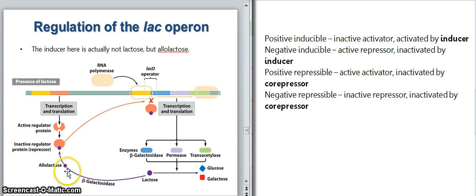So there's some production of permease and some production of beta-galactosidase, such that when lactose does become available, permease can bring it into the cell, and beta-galactosidase can start making some allolactose. And once allolactose is present, it helps to induce expression of the lac operon.